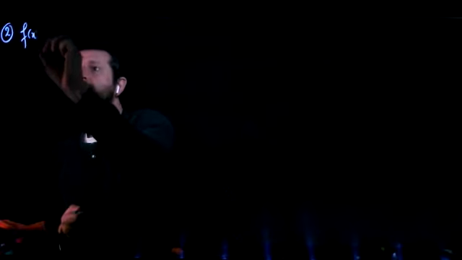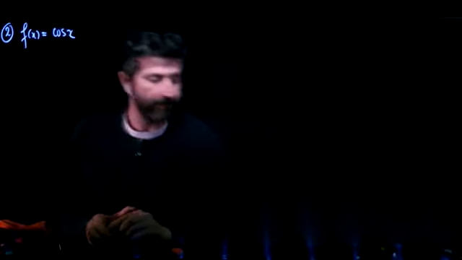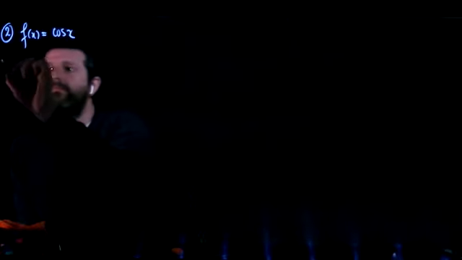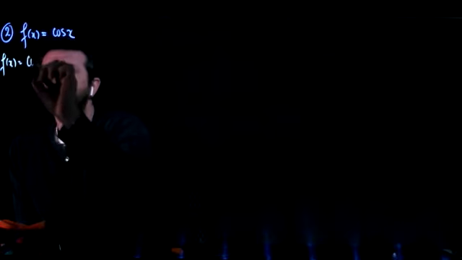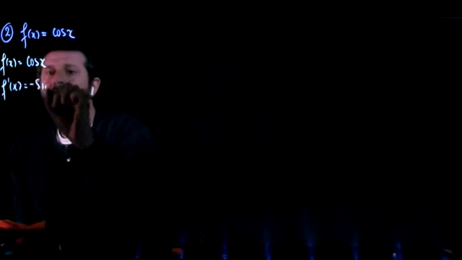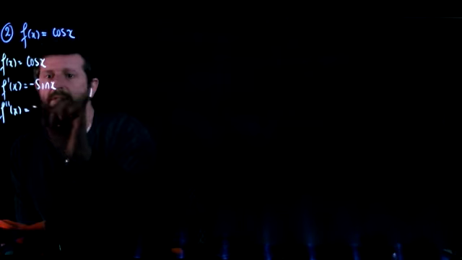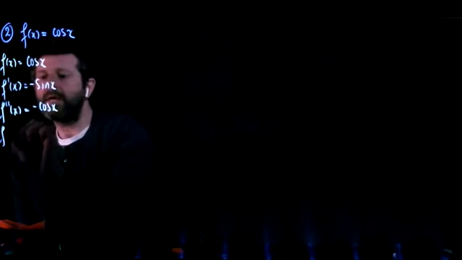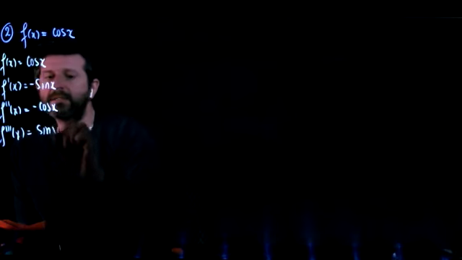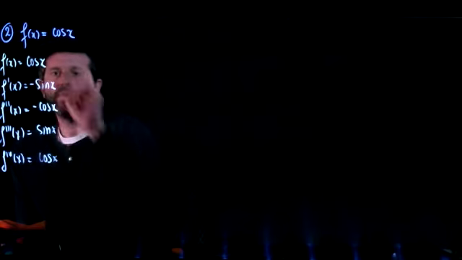Okay, so number 2, f of x is equal to the cosine of x. So let's go. F of x is cos x, f prime of x is negative sine x, f prime prime is negative cos x, f prime prime prime is sine x, and f4 prime, I'm back to the original cos x.